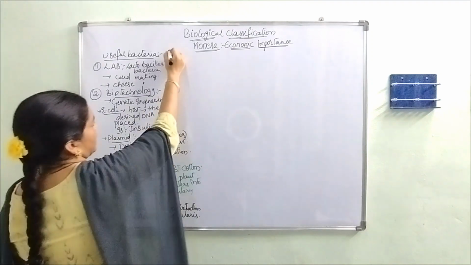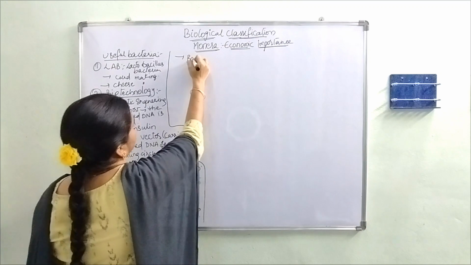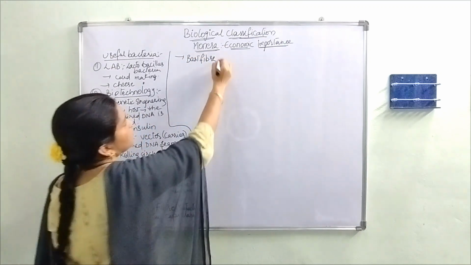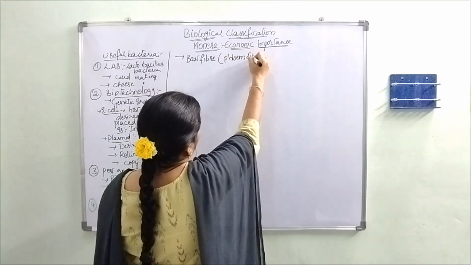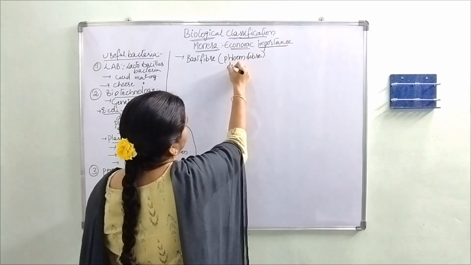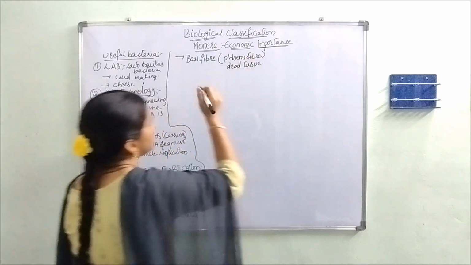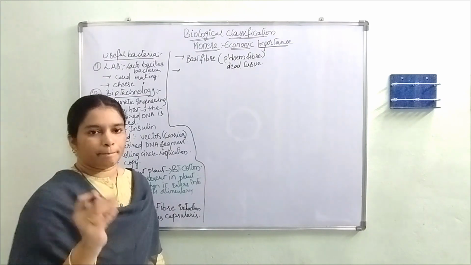Jute is a bast fiber, also called phloem fiber. This phloem fiber is a dead tissue, extracted from the plant by using bacteria.